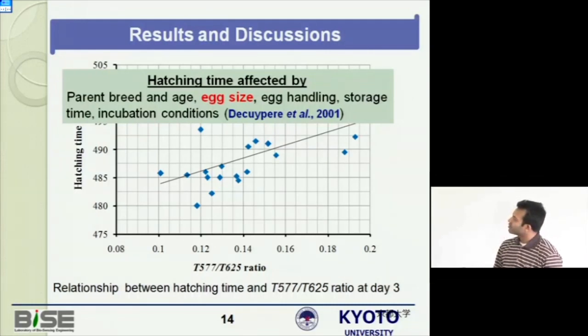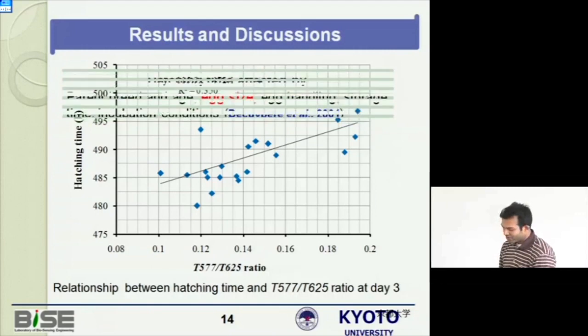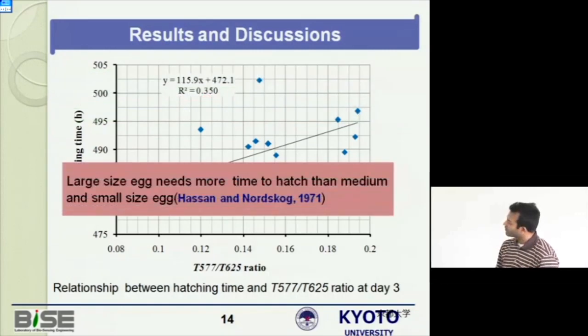In our experiment we considered all other factors except the egg size, and I also found a previous report that large size eggs need more time to hatch than medium and small size eggs. So in our next experiment we will consider the size of the egg.